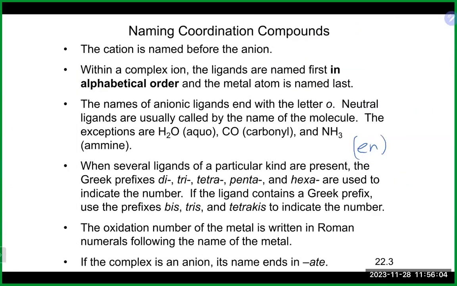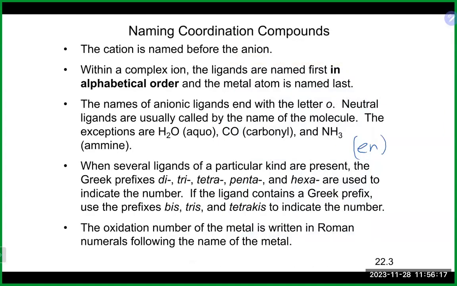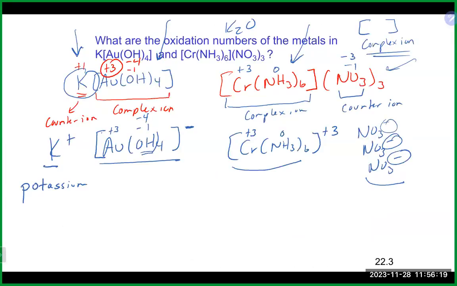As we know here, hydroxide is going to be hydroxo, and that is what we're going to use. So we have 4 of them, so that's going to be tetrahydroxo. And now this is going to be gold, but this is a negative complex ion, which means we cannot use gold.